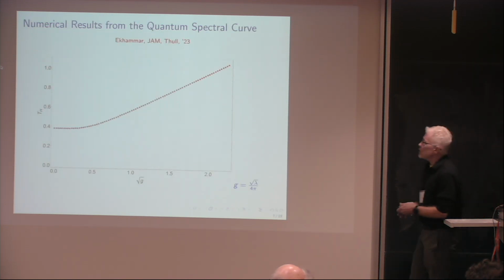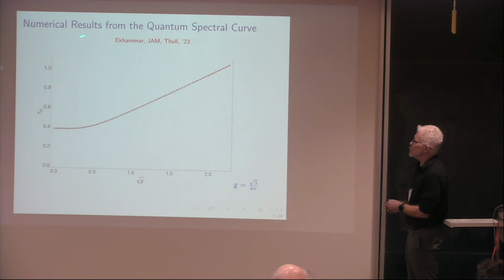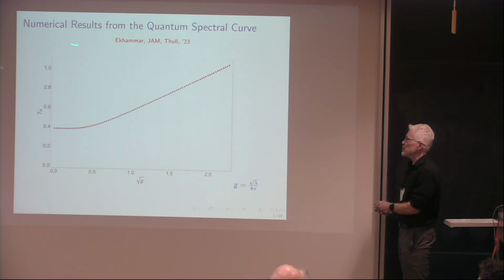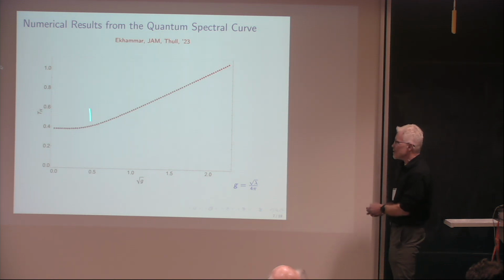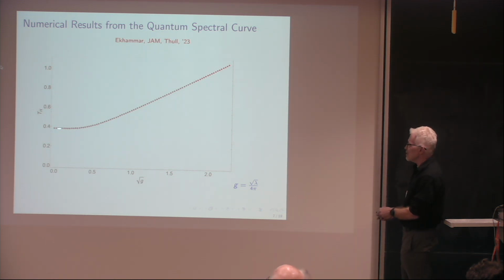So anyways, we used the quantum spectral curve, and I don't have enough time to say anything about it. It's very technical, and you probably wouldn't be that interested in it anyways. But the end result is that we improved on the numbers and plots of Harmark and Wilhelm.